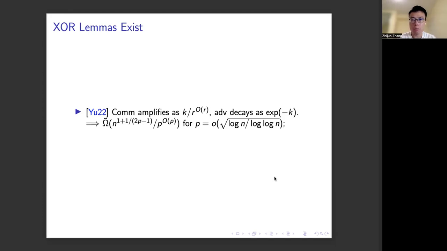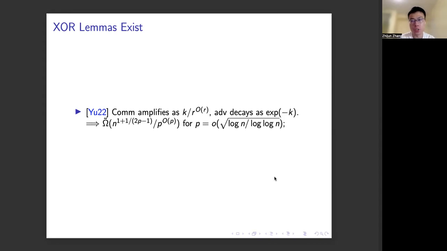However, we can only get such a bound for number of passes up to at most square root of log n over log n. So there is still a gap between this lower bound and the upper bound, which is log n over log n.